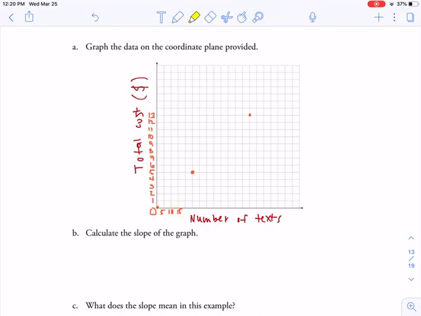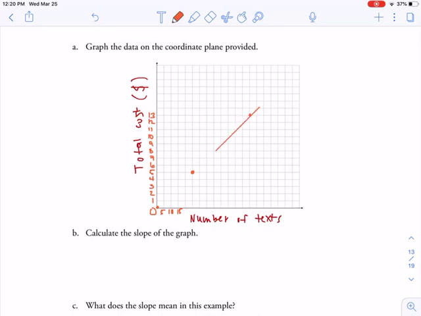Even though I only pick certain points on the table of values, I still need to be taking into account all the texts in the middle that I would have sent, right? To get all the way to 65 texts for $13, I would have had to send 64 texts and 63 texts and so on. And so I need to draw a line through my points to represent that, okay?